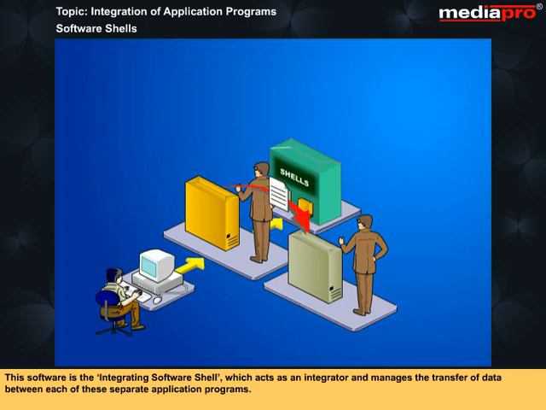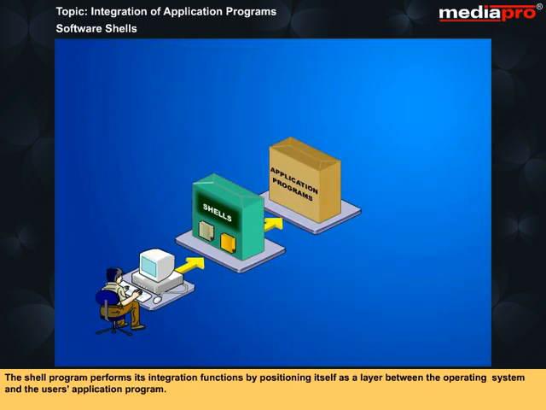This software is the integrating software shell, which acts as an integrator and manages the transfer of data between each of these separate application programs. The shell program performs its integration functions by positioning itself as a layer between the operating system and the user's application program.